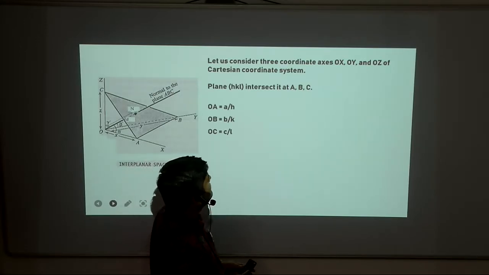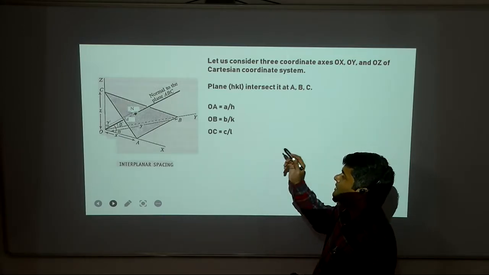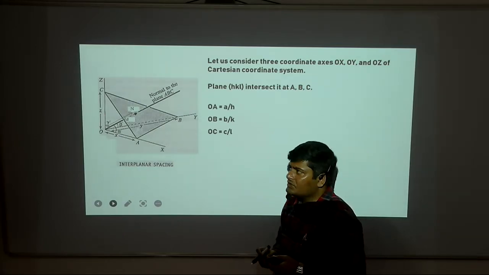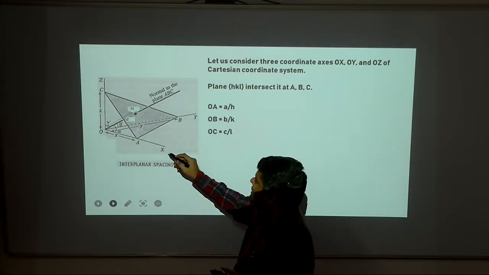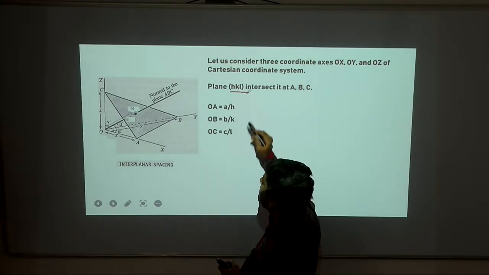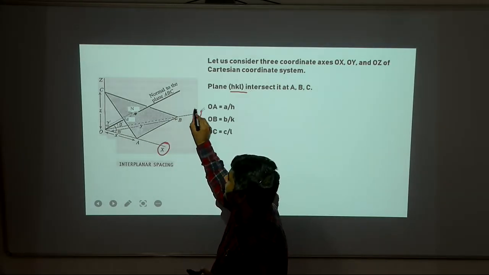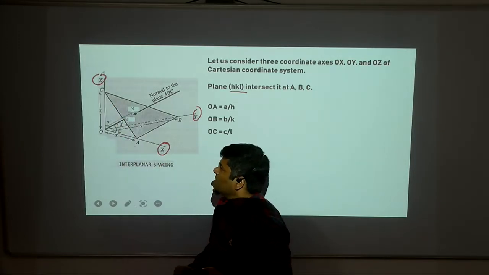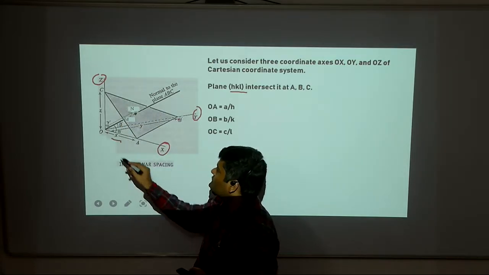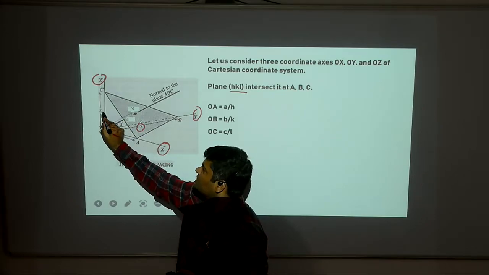For the given HKL plane, we consider that it intersects these three crystallographic axes X, Y and Z at A, B, C, where OA distance is x, OB distance is y, and OC distance is z.